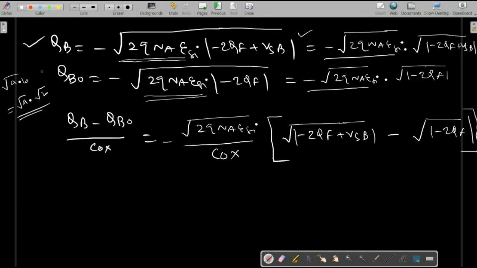This is the expression for QB. This is the expression for QB0. Check whether I can write it in this way or not. Verify.